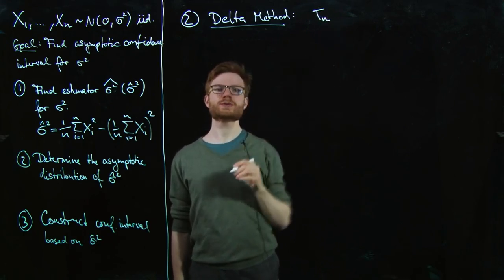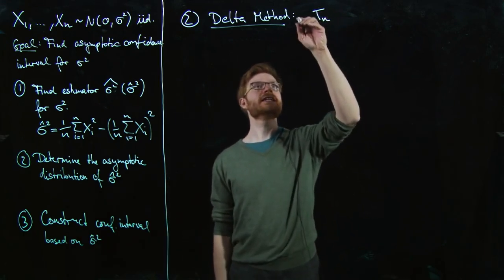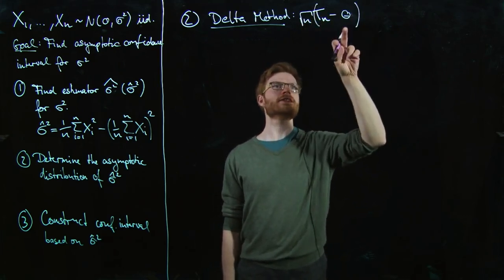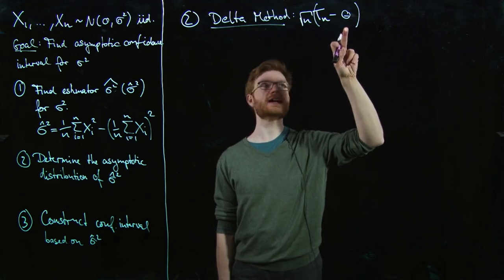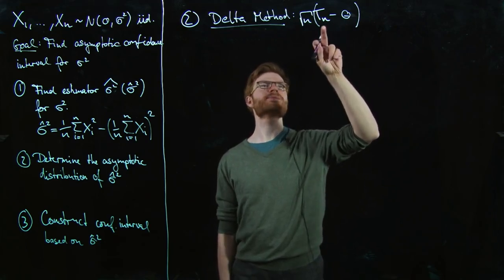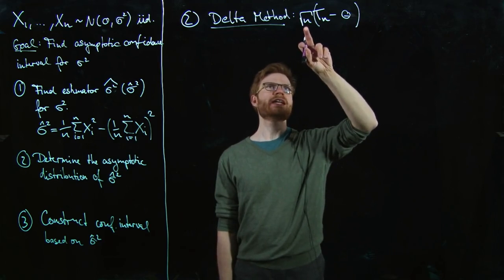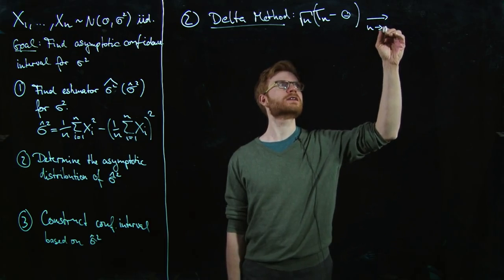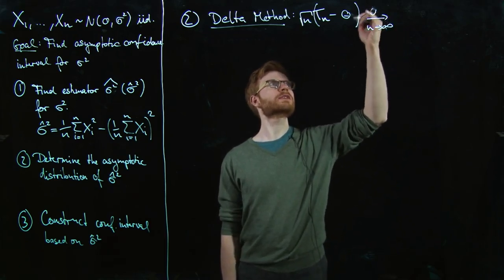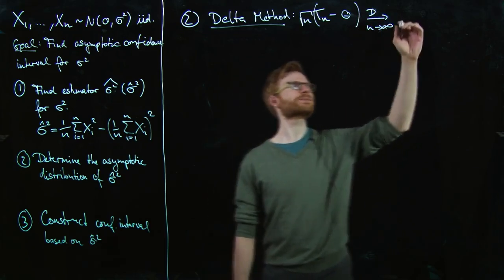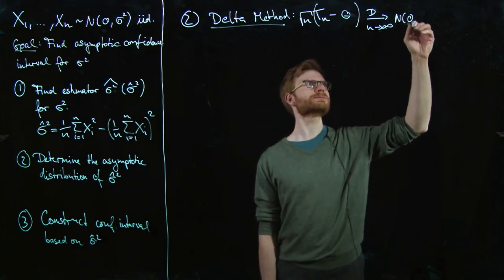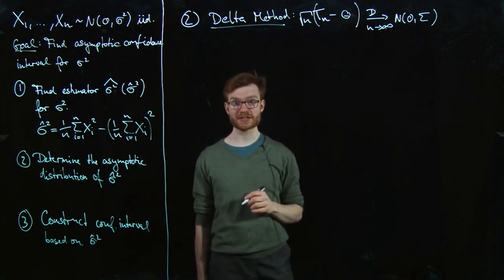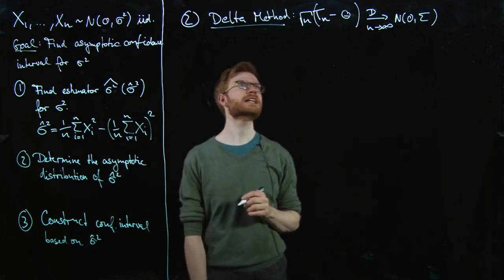Given a sequence of random variables, Tn, such that their centered version, centered by a random vector theta, and rescaled by square root of n, goes to a normal distribution with covariance matrix sigma, and we just calculated the covariance matrix in our particular case.